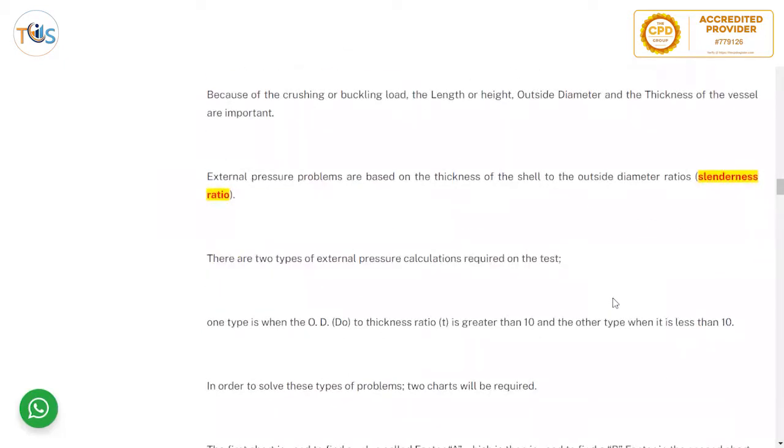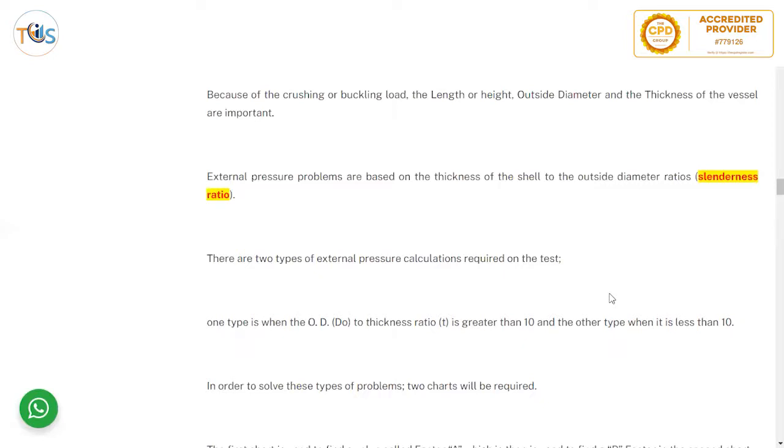It's like a tall building being loaded from the top. As the height of the building increases with respect to the cross section of the building, it might actually buckle, and the buckling limit is 10.